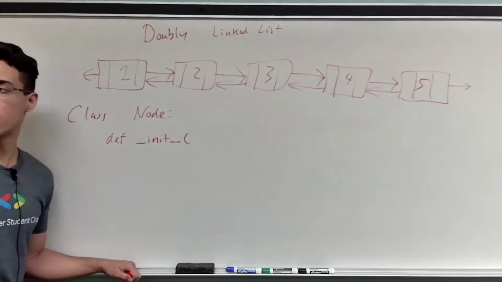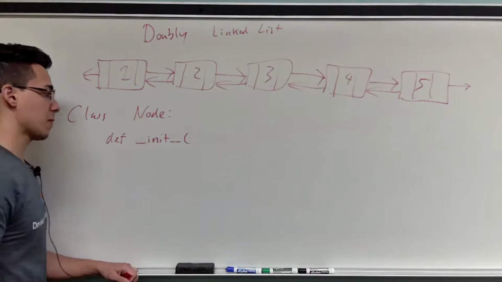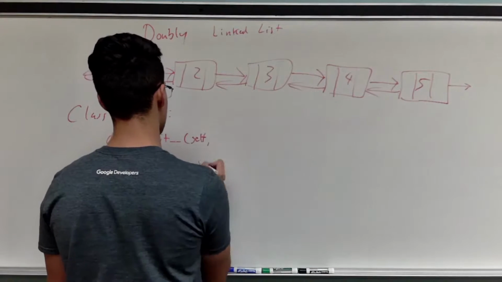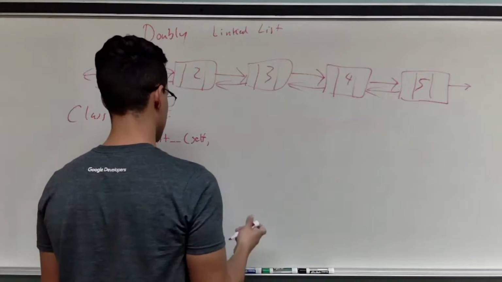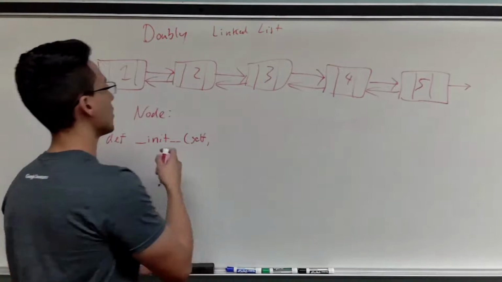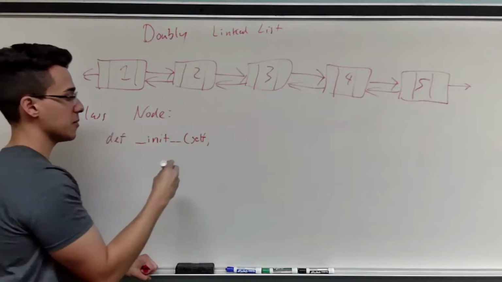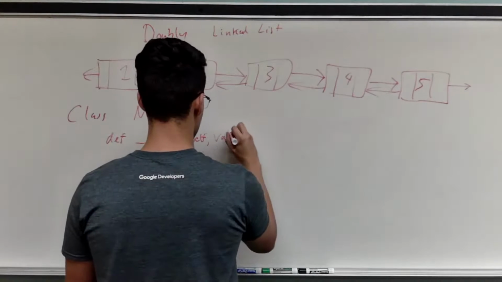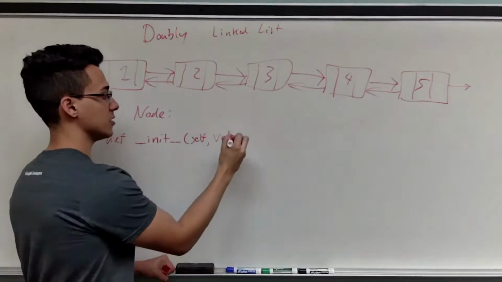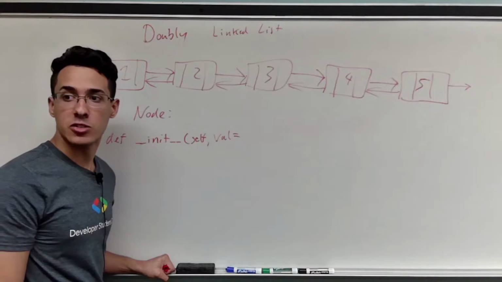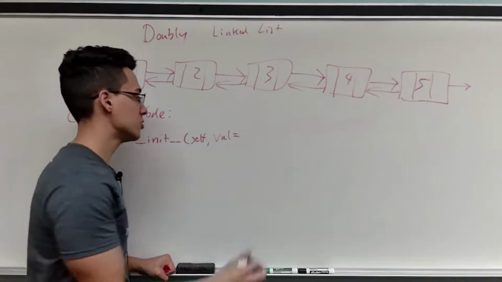Okay, and I made a mistake before, but the first argument in the constructor is the self, right? Because the object calls it, and of course we want to keep track of the value. Let's say when we're creating the node object, by default it is 0.